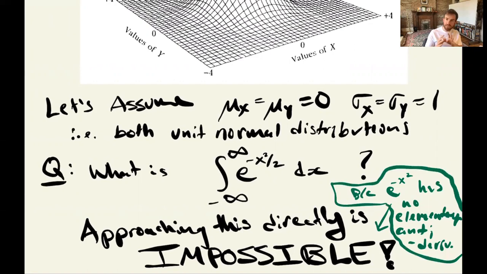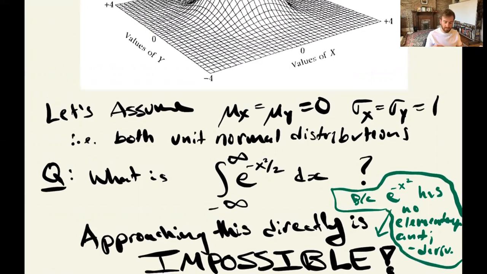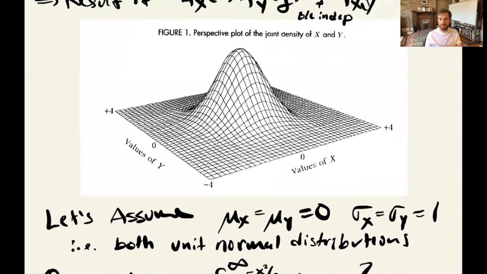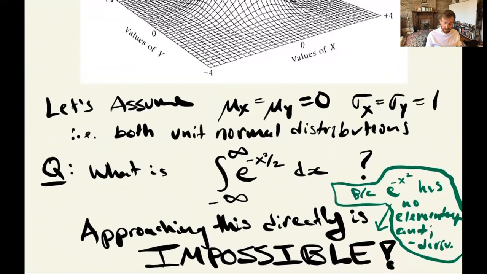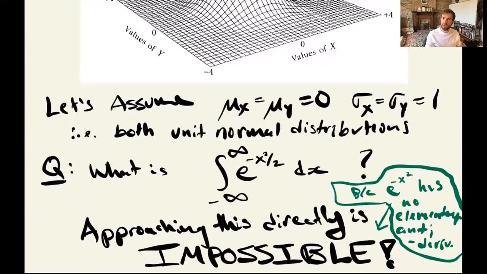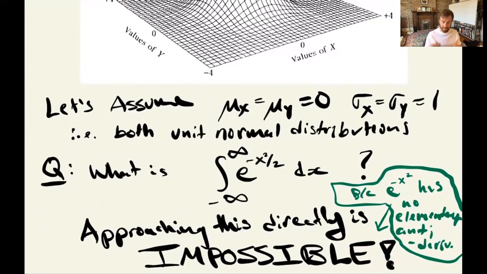But it turns out we can still find out what this number is, by doing a magical trick, which involves not computing exactly what this integral is, but computing its value squared. That's the weird trick here. So how do we figure out what this value is squared? Let's do a little bit of algebra here.